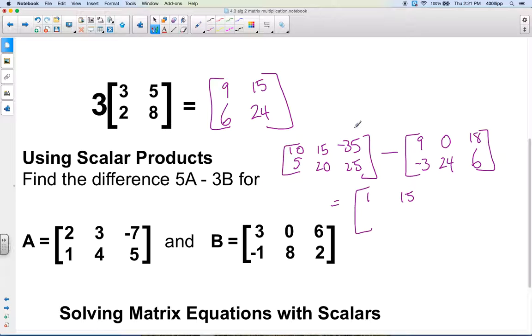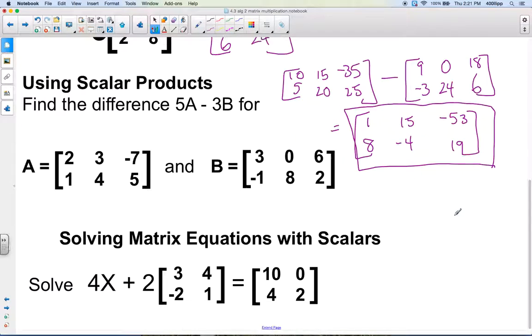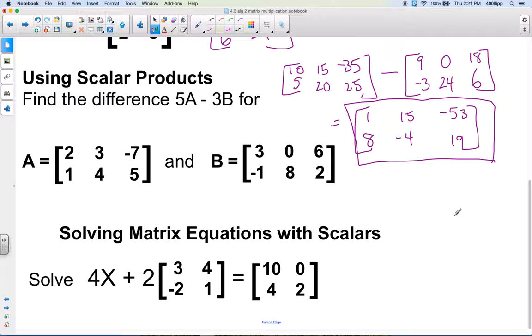Negative 35 minus 18 is negative 53. 5 minus a negative 3 is 5 plus 3, which is an 8. 20 minus a 24 is a negative 4. And 25 minus 6 is 19. And here's our answer.